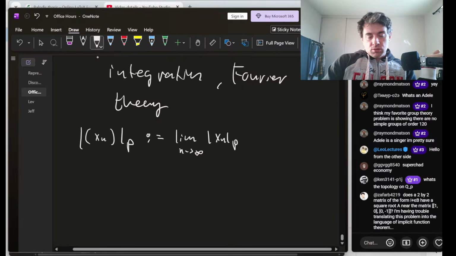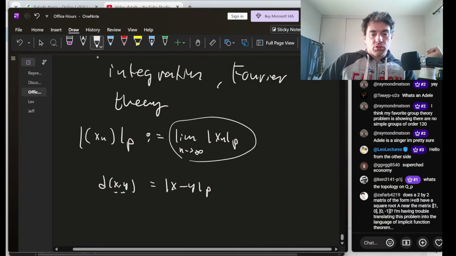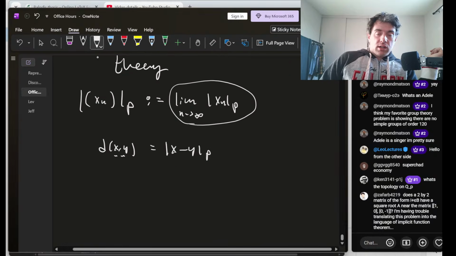Then you can prove that this still defines a norm, and so you have a metric. Here x and y are Cauchy sequences, and the distance is just the p-adic absolute value of their difference, which is some sort of limit. And then it's just the metric topology.